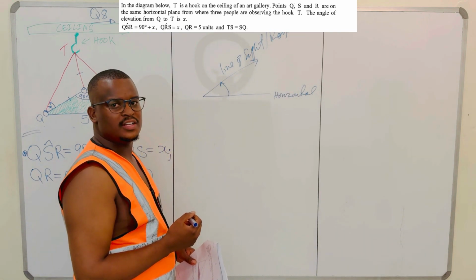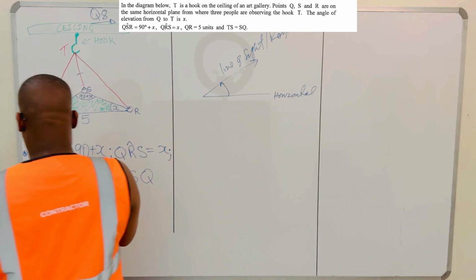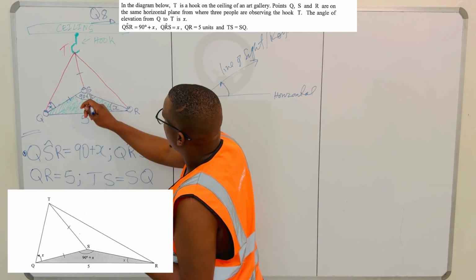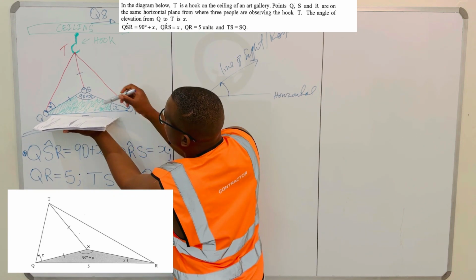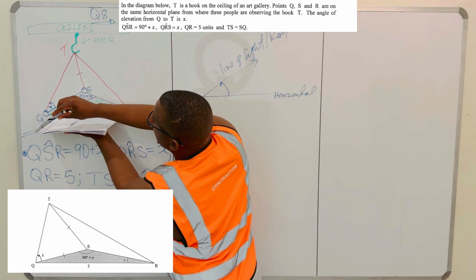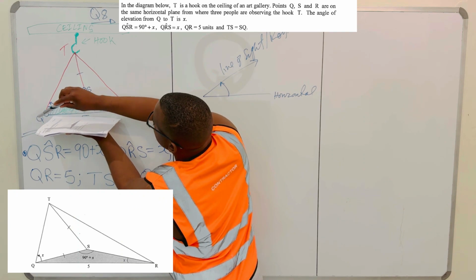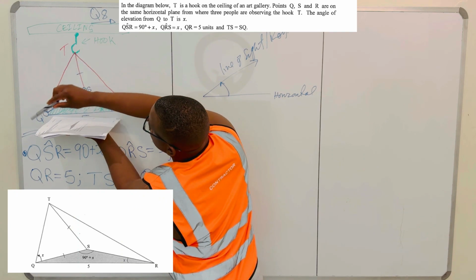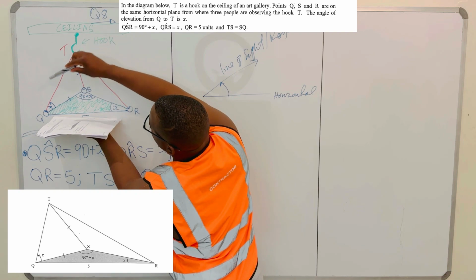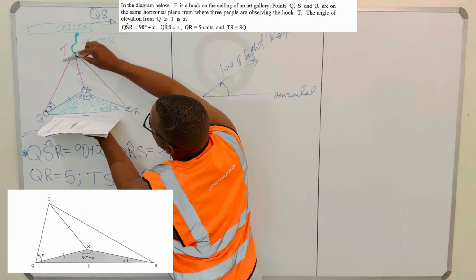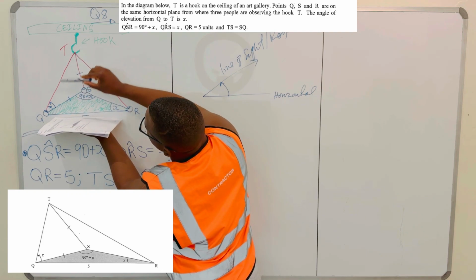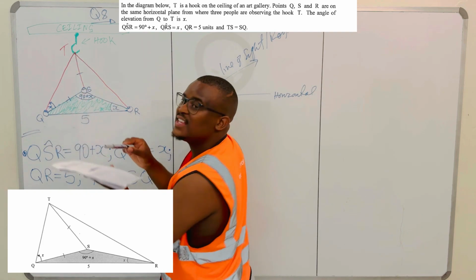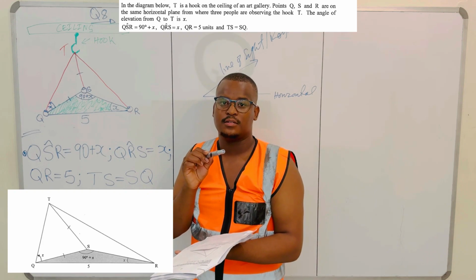This is the angle of elevation. In this case, Q, S, and R are all horizontal like this, right? If Q is in the corner here, looking at that hook over there, the angle from this horizontal to the line of sight, or the line joining T and Q, is what you call the angle of elevation.